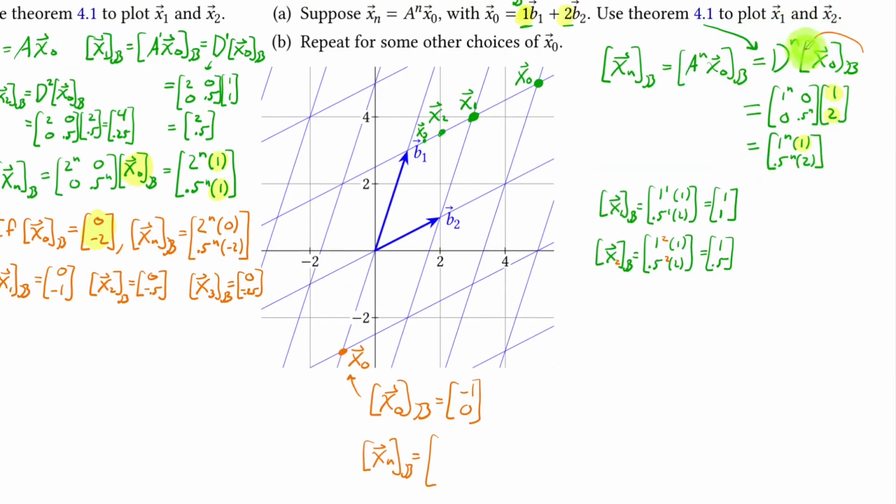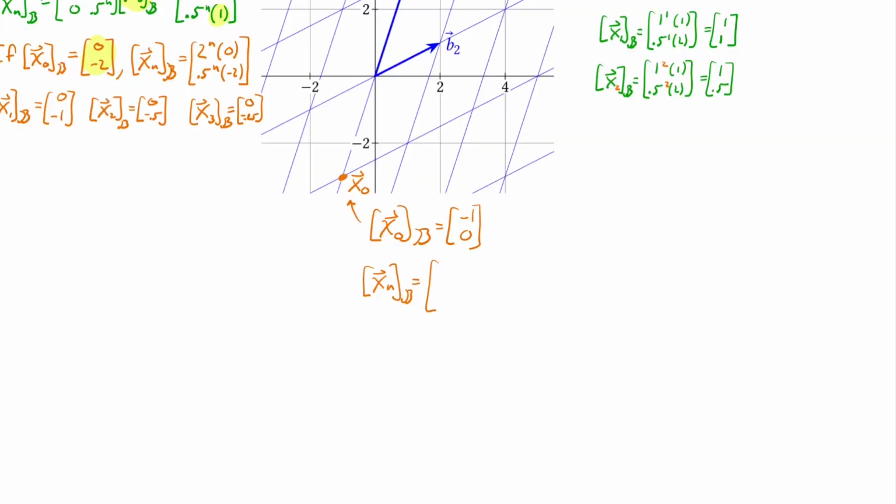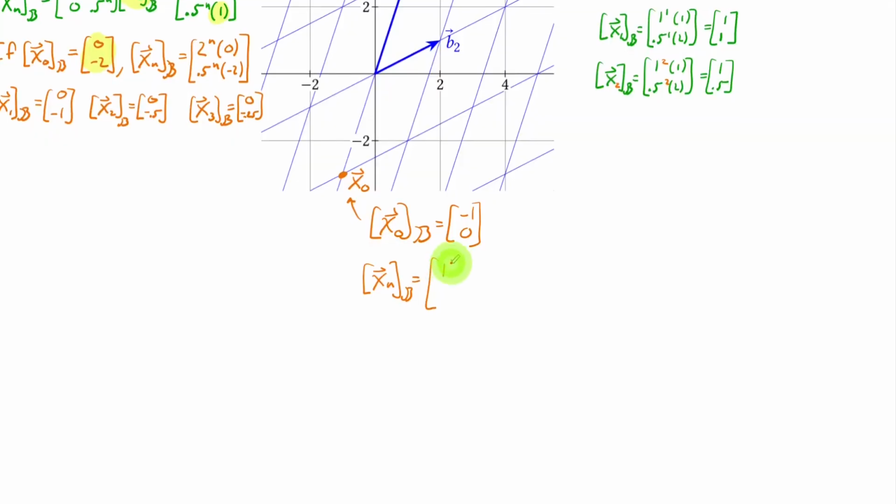It's just a different starting point. So this is still going to be 1 to the power n, 0.5 to the power n, multiplied by -1 and 0. And the 0 here doesn't matter. We're just getting -1 times 1. So actually, this one doesn't move. x0 is the same thing as x1, is the same thing as x2, is the same thing as xn.